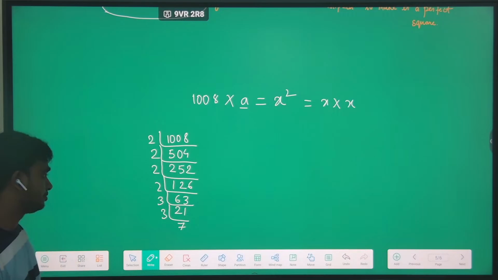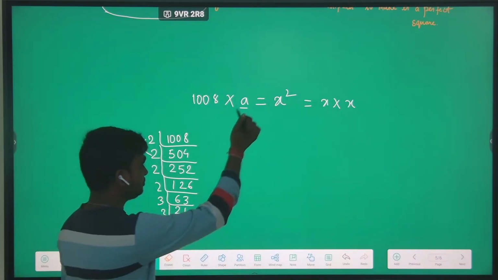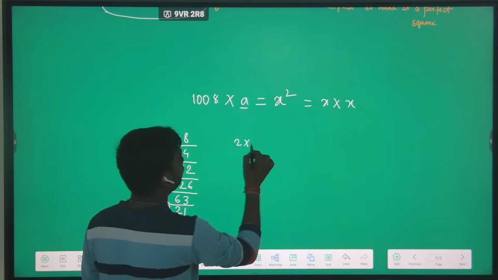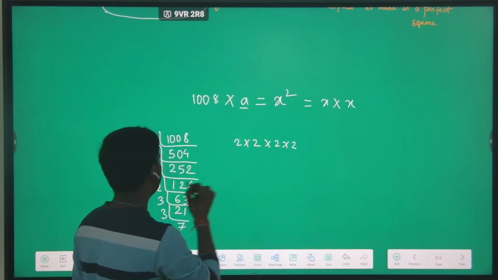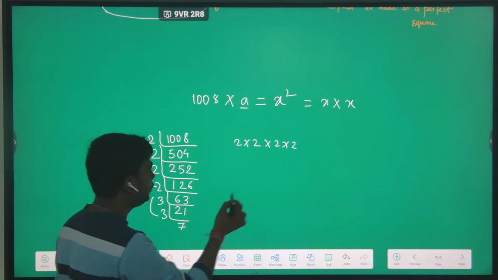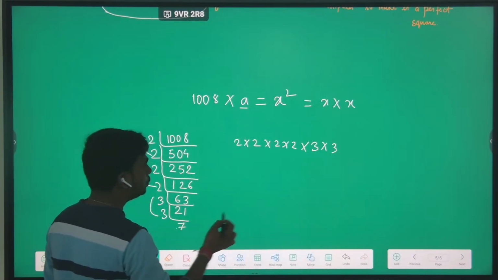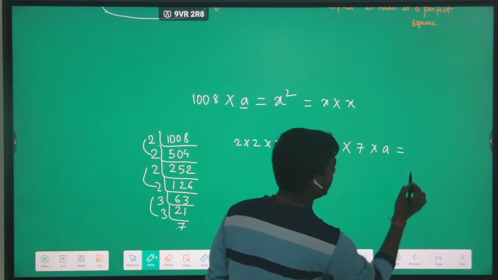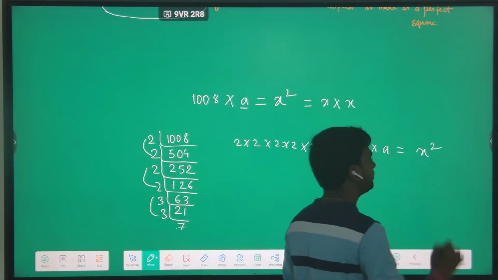So instead of 1008, we can write 2 into 2 into 2 into 2 into 3 into 3 into 7, multiplied with some smallest number a, which will make it a perfect square.